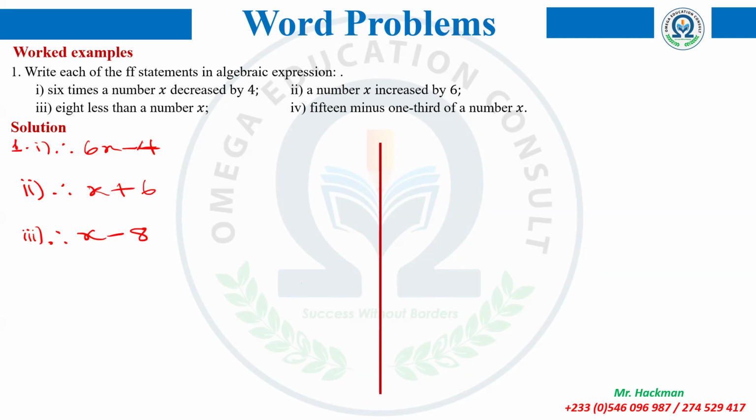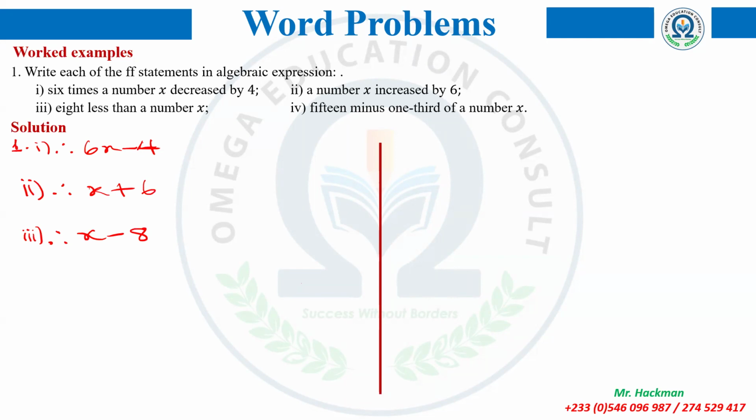Okay, so now I'm going to put the statement this way too, and let's see how you give your algebraic expression. A number x less than 8. A number x less than 8.